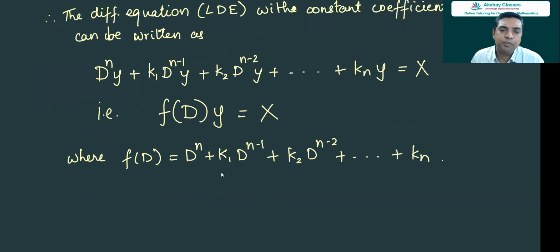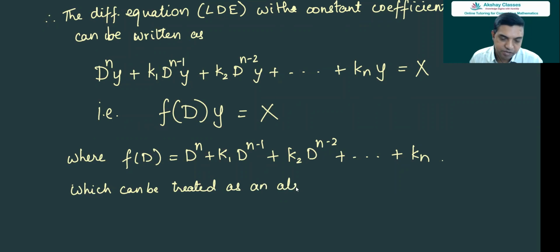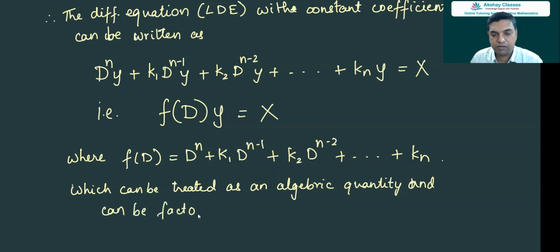So this is a polynomial function of the differential operator, which can be treated as an algebraic quantity and can be factorized. So this concept we will use in solving the differential equation.